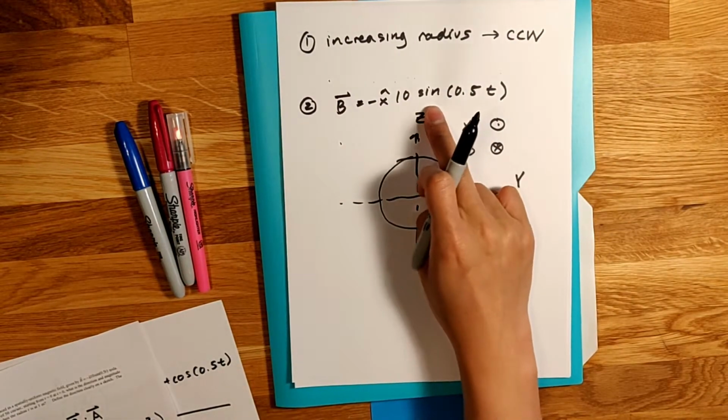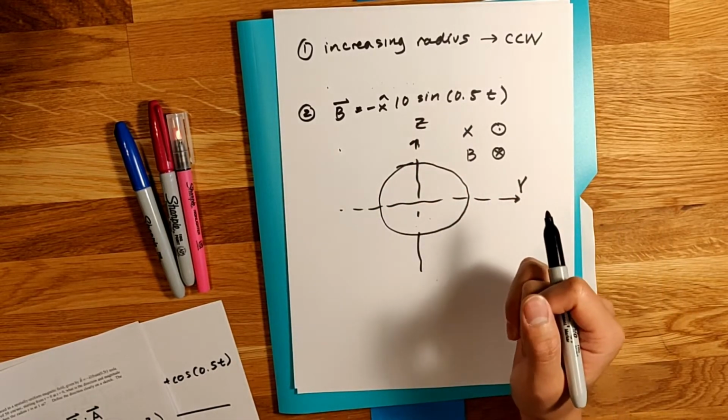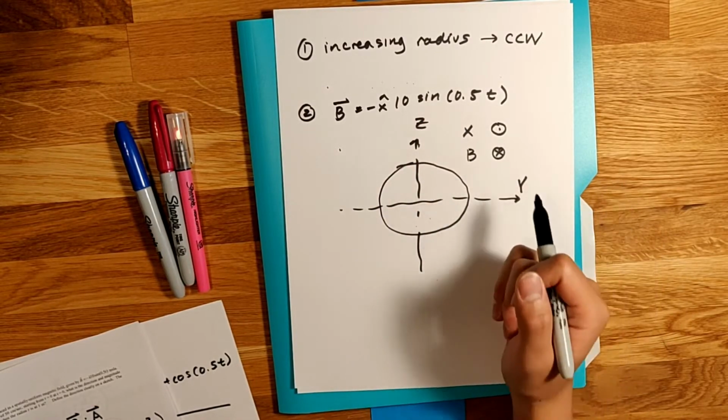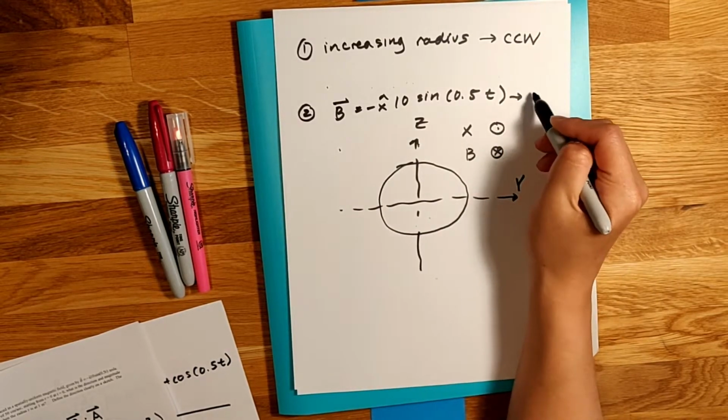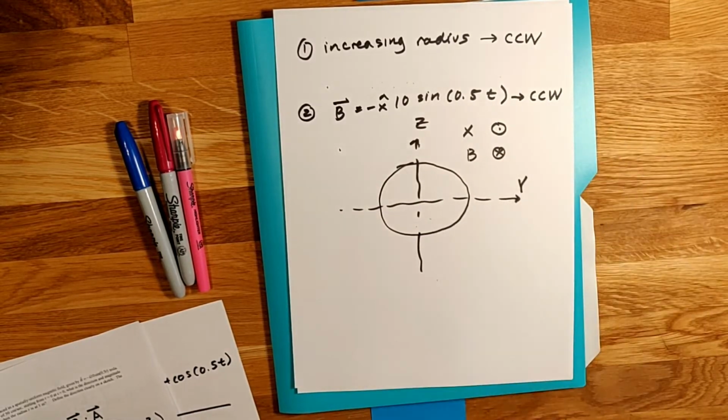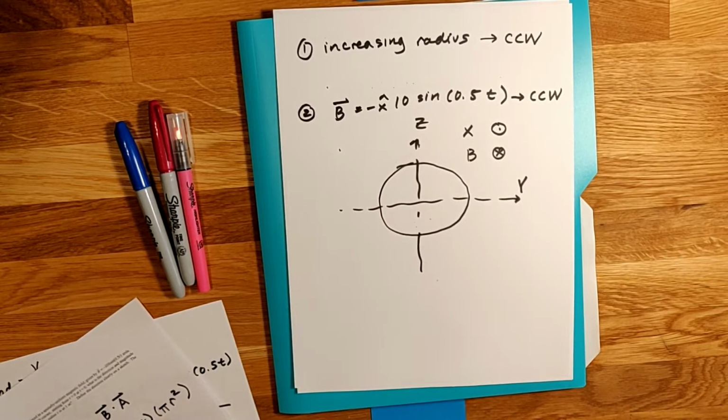Then we should also realize that sine is an increasing function, which will mean that we will also have more flux. So the induced current will also go counterclockwise. So in this example, we get something that's pretty nice to work with.